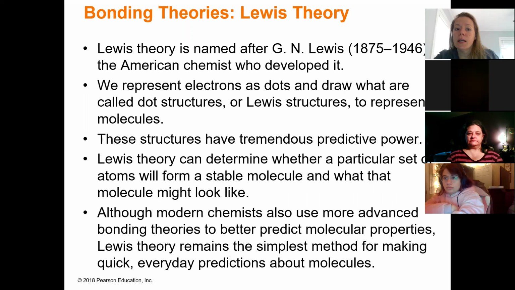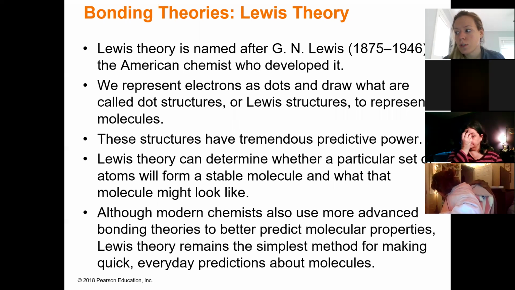So Lewis theory came from a guy named Lewis, who was an American chemist. When combining atoms together in a compound, he would represent electrons as dots, and he would put them around whatever the element is he was talking about. They were called dot structures. So this is that part of chapter 5 lab that I said to just skip over.